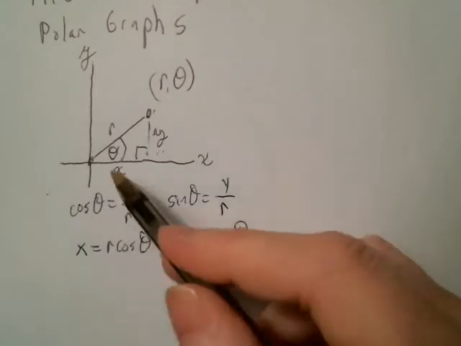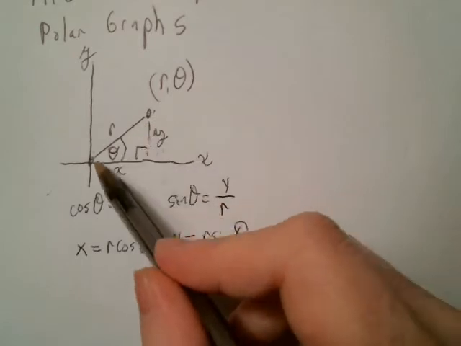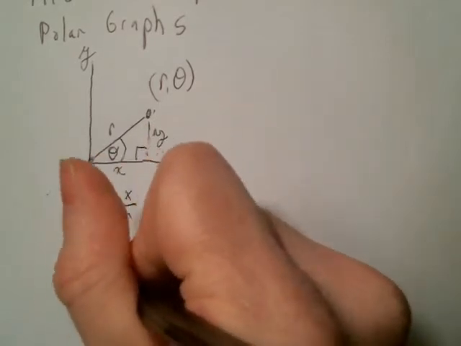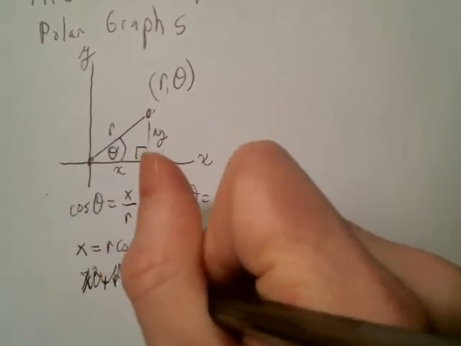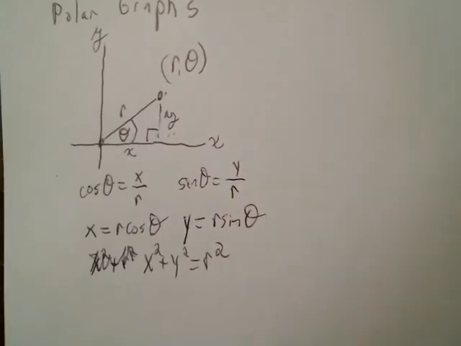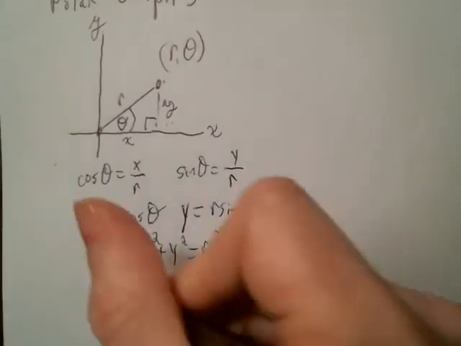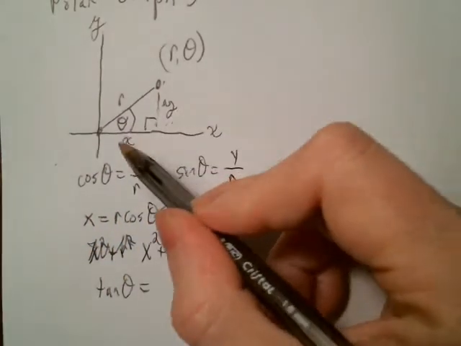Other equations you can get, well, the Pythagorean theorem, right? x squared plus y squared is r squared. And also from tan, right? So tan of theta is equal to opposite over adjacent.